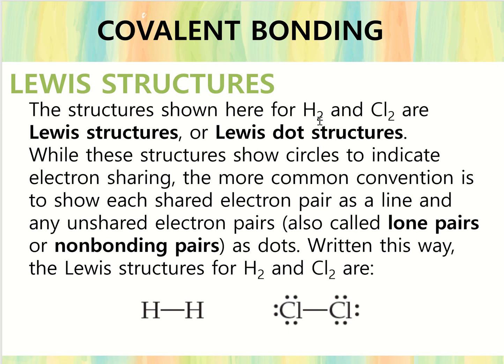So the structures shown here for hydrogen and chlorine are Lewis structures, or Lewis dot structures. While these structures showed circles previously to indicate electron sharing, the more common convention is to show each shared electron pair as a line, and any unshared electron pairs, as we see here around the chlorine, can be called lone pairs, as well as non-bonding pairs.